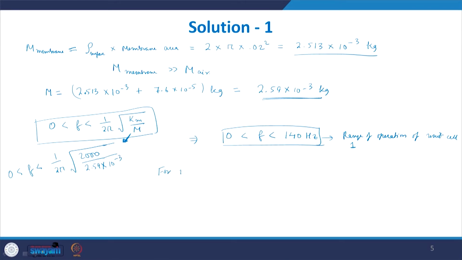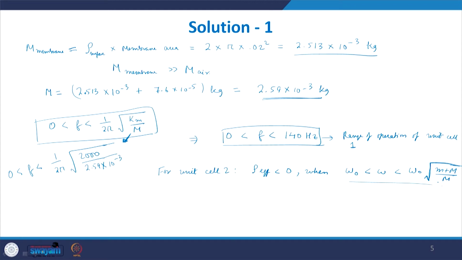For unit cell 2, rho effective becomes 0 when omega lies between omega naught and omega naught times the square root of this expression here. We have already derived these expressions in the previous lectures, which give the region of negative density. This is the region of negative density here.